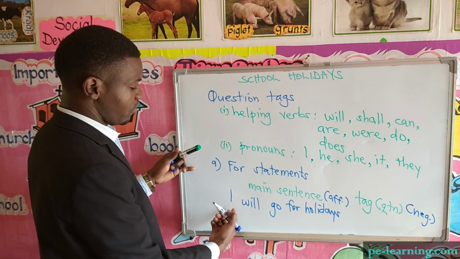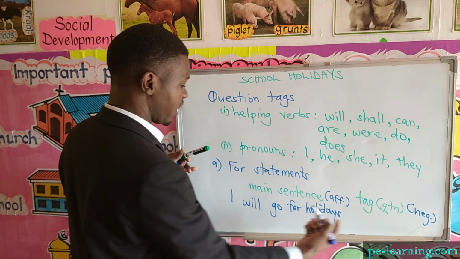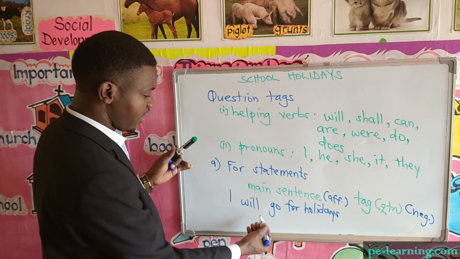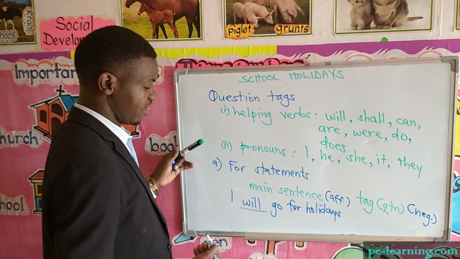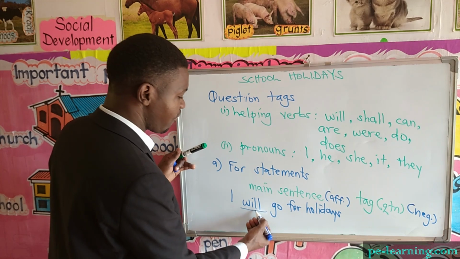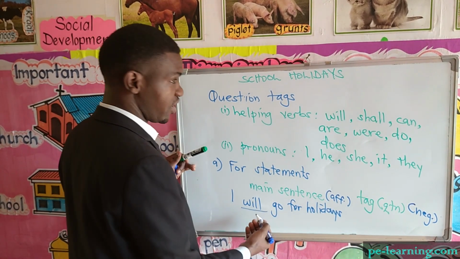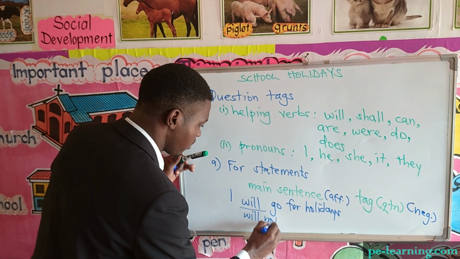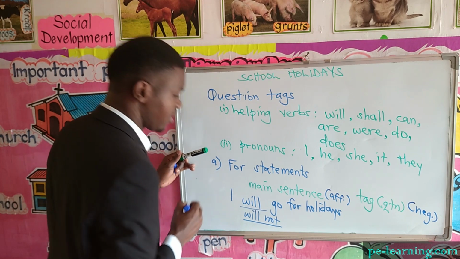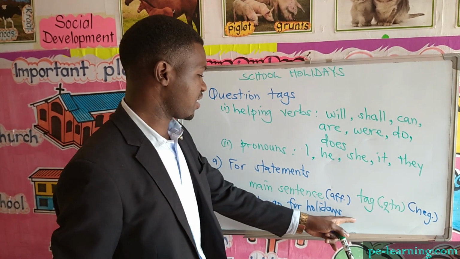And then when you have an example like I'll go for holidays, we have to supply a question tag. So we get the negative from our helping verb, which is will, and having will here, we have to form a negative from will. The negative from will is will not. But for question tags, we are not going to use will not directly here.